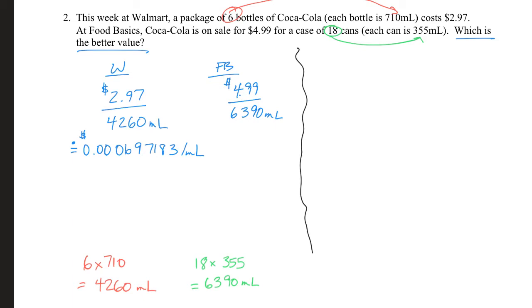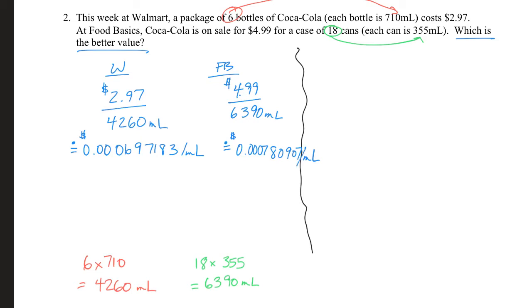So 4.99 divided by 6,390 gives approximately 0.000780907 dollars per milliliter.